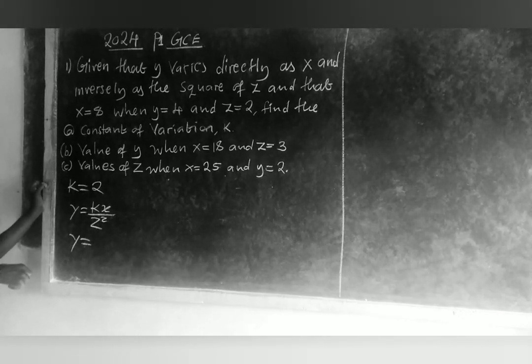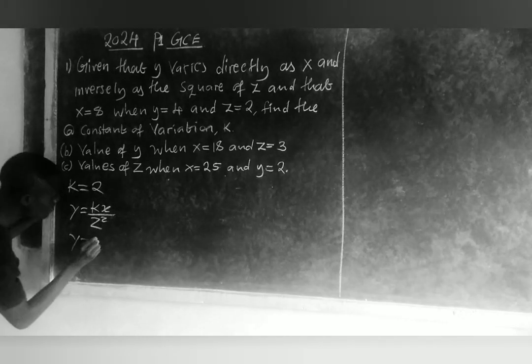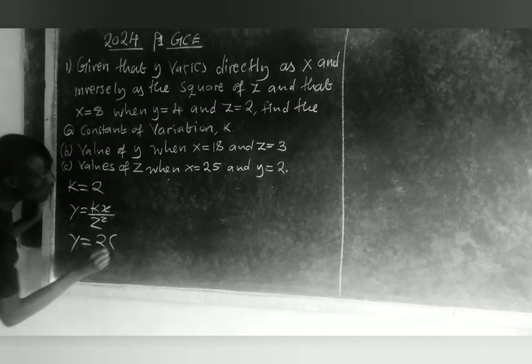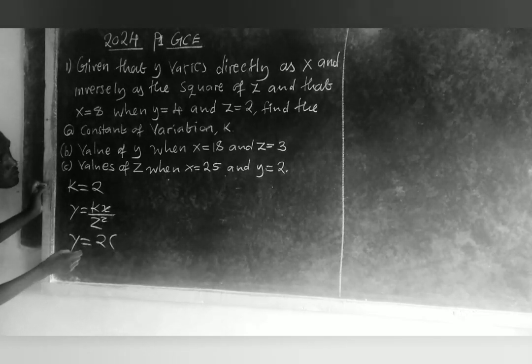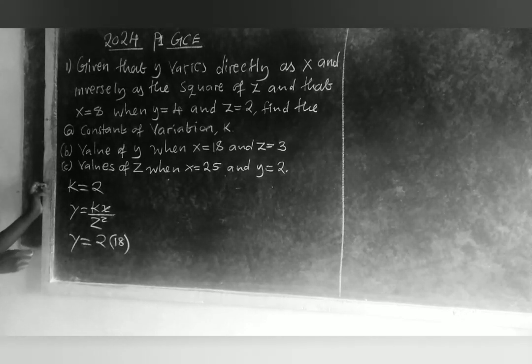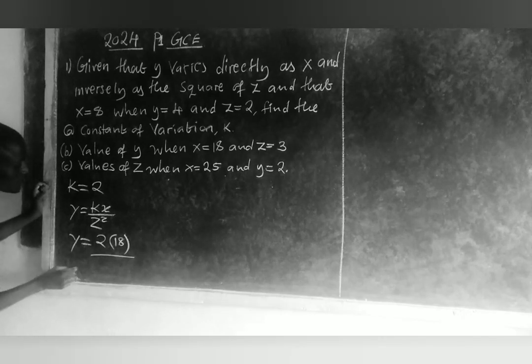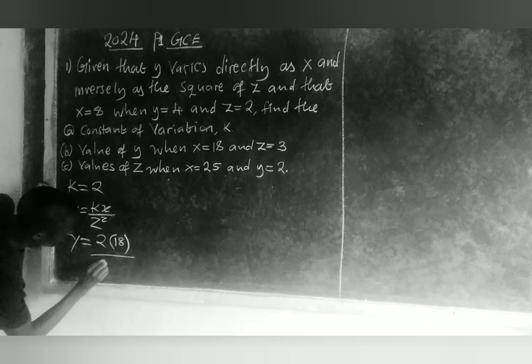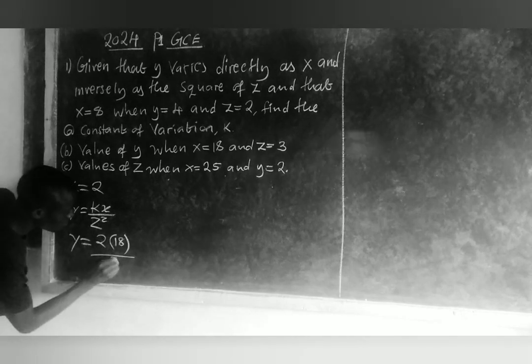We have already found it, which is 2, just a matter of replacing, and then you say open bracket, what is the value of x? It is 18, and then you divide, then you say what is the value of z? That is 3. So 3, you have to square it.